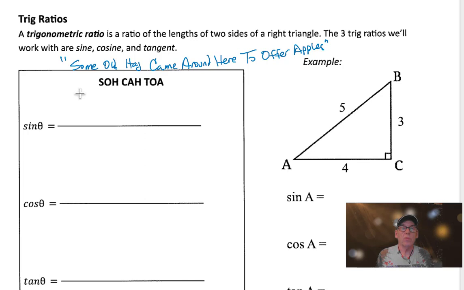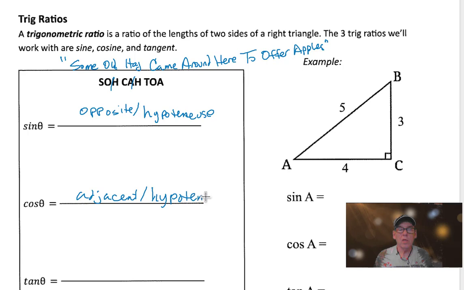And what this does is help us remember that sine goes with opposite over hypotenuse, the SOH. Cosine goes with adjacent over hypotenuse. And tangent goes with opposite over adjacent.